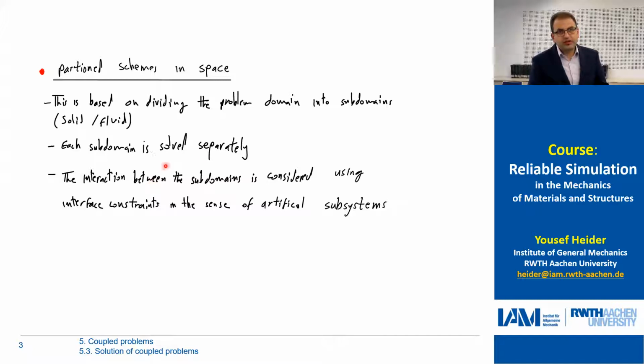So each subdomain is solved separately, and the interaction between the subdomains is considered using interface constraints in the sense of artificial subsystems. So the constraint would be, for instance, for fluid structure interaction, related to the balance of forces and the compatibility at the interface.